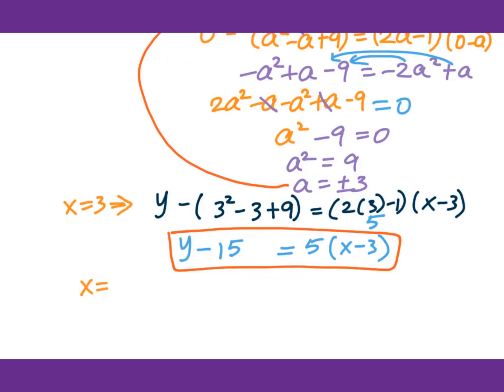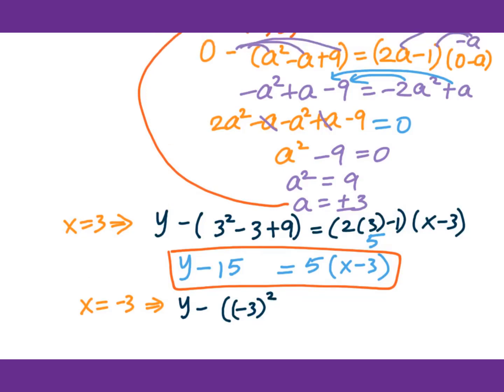When x equals negative 3, we get y minus (negative 3 squared minus negative 3 plus 9) equals (2 times negative 3 minus 1) times (x plus 3).